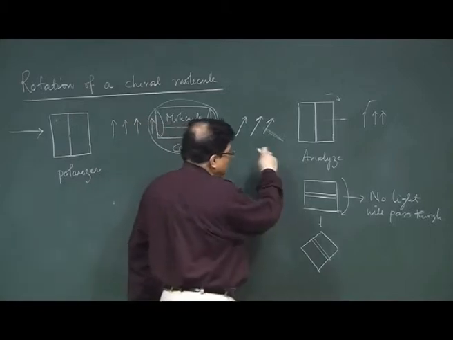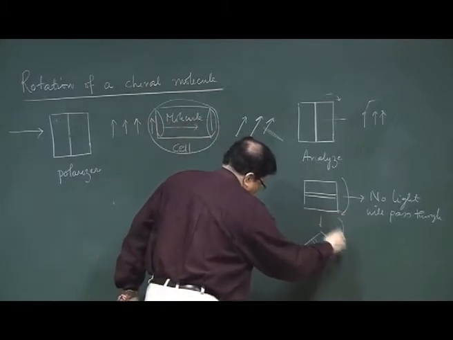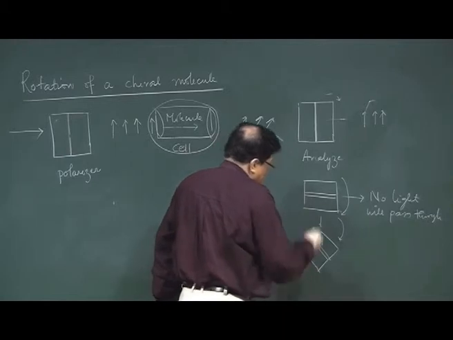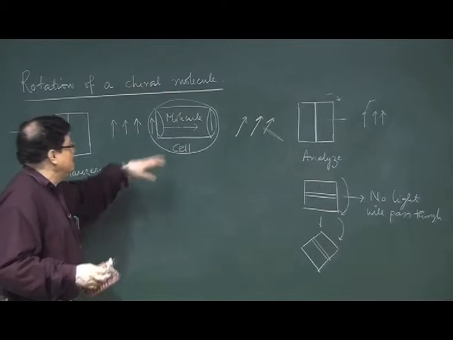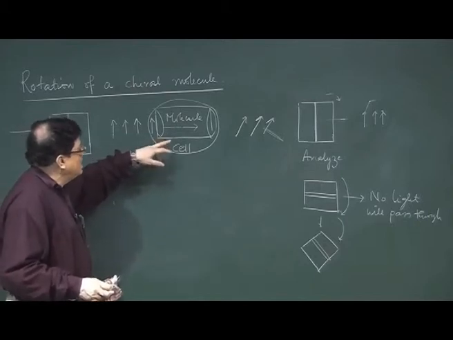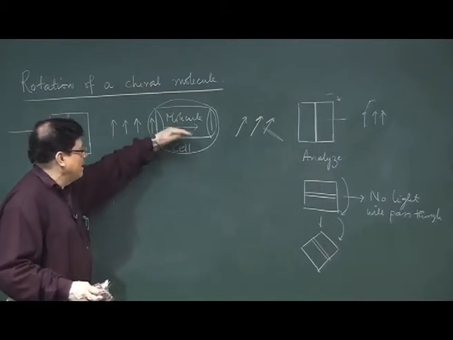So there are two ways to do this. Now the amount of rotation that you need to cut off the light is again the amount of rotation that is induced into the plane polarized light by these molecules. Okay.